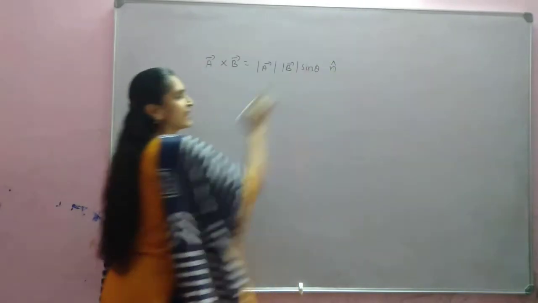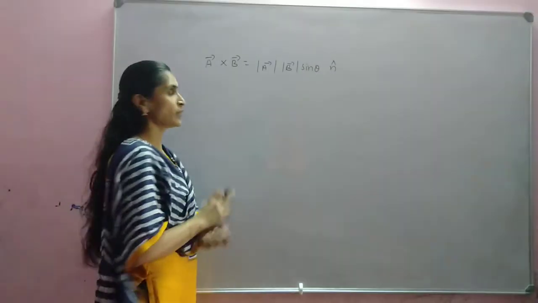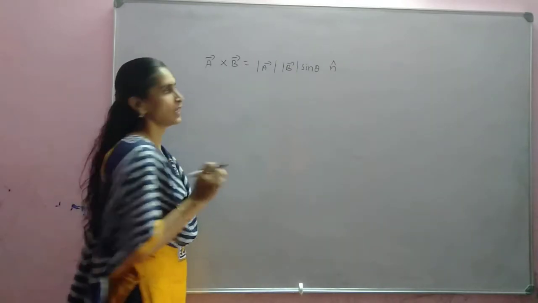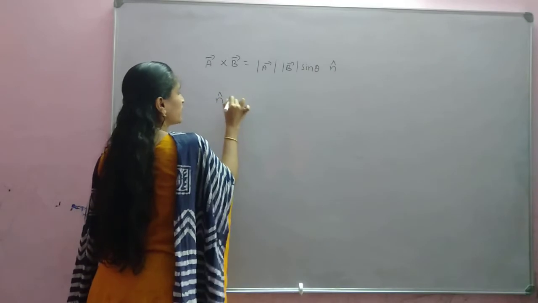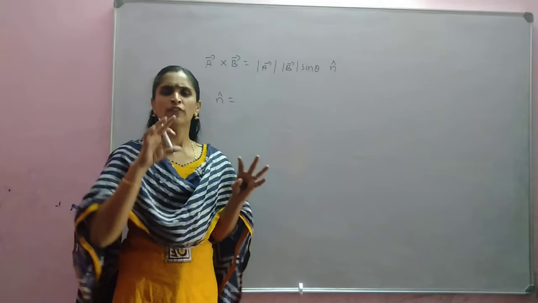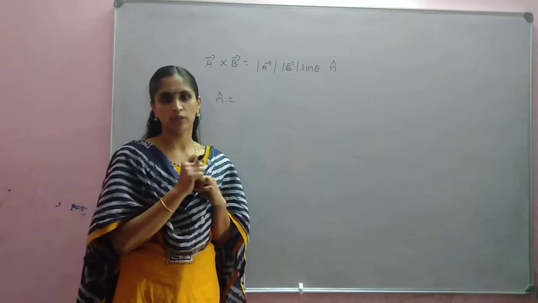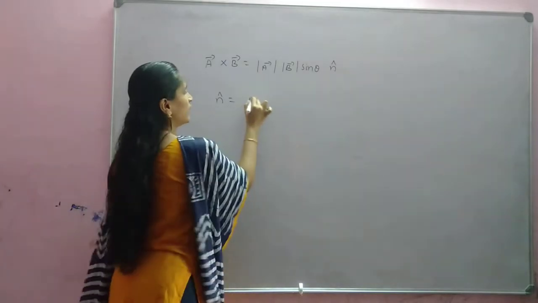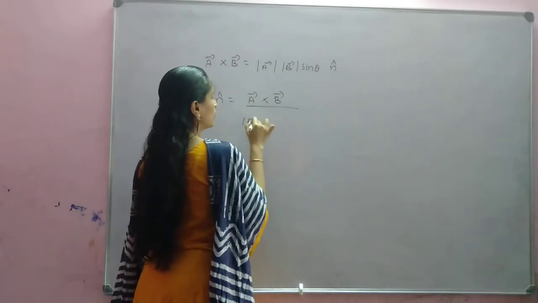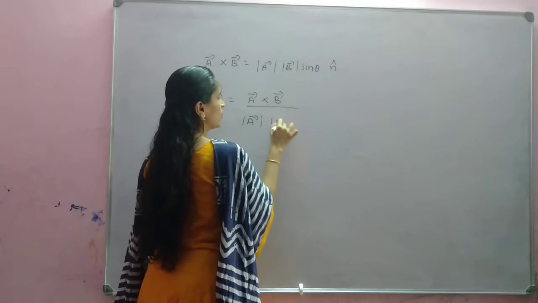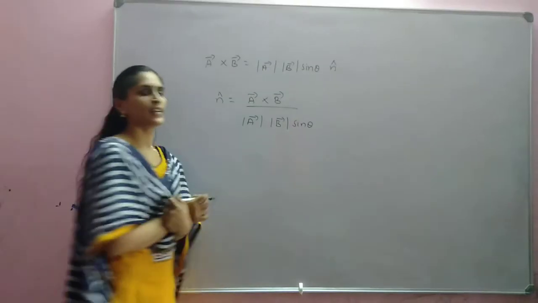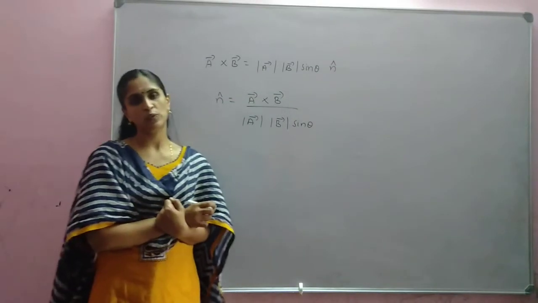This n cap is a unit vector perpendicular to the plane containing A and B, so it is perpendicular to both A and B. So n cap is A cross B divided by modulus of A into modulus of B into sin theta.